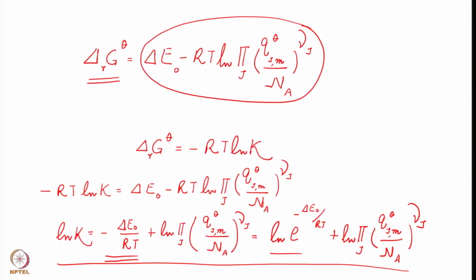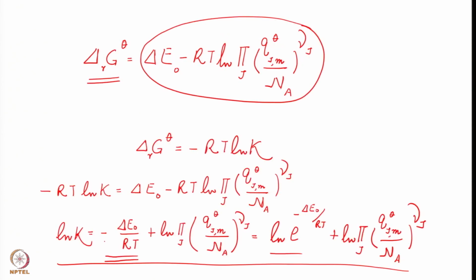Keep this equation in mind, and from this equation I can write K is equal to product of q J m standard state divided by Na, raised to the stoichiometric number, into exponential minus delta E naught by RT. This I am getting from the previous one.